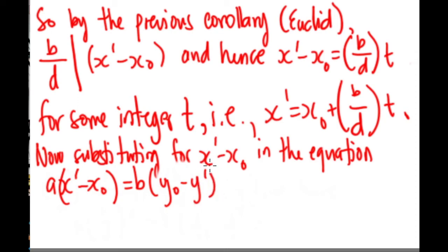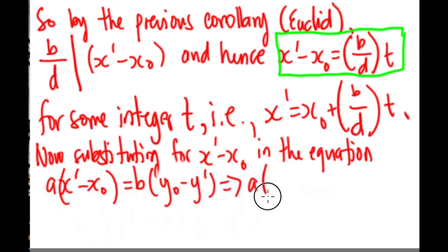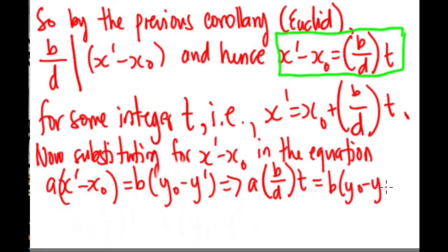So substituting here the value of x prime minus x sub 0, what we have is a times b over d times t equals b times y sub 0 minus y prime.